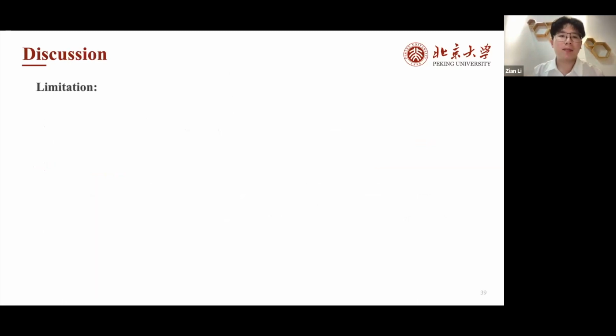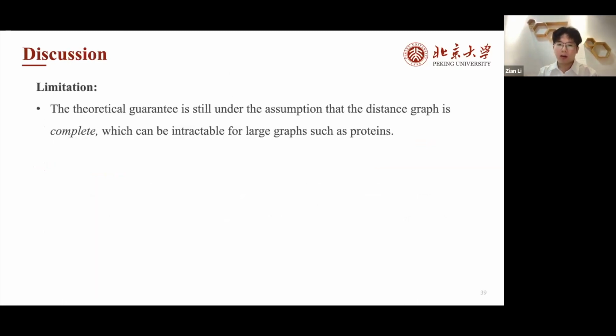Let's show some limitations of our work. The first is that the theoretical guarantee is still under the assumption that the distance graph is complete, which can be very intractable for large graphs, for example, proteins, because in these graphs there may be thousands or millions of nodes, and we cannot easily store or process the complete distance graphs.